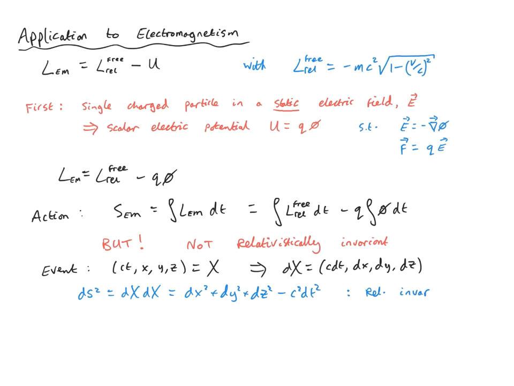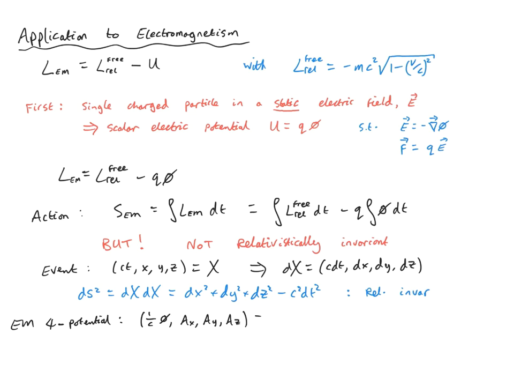Now, in the theory of electromagnetism, we will have an electromagnetic potential, which again has 4 components, and we call this the electromagnetic 4 potential. The 4 components involve the scalar potential that we were just discussing. Actually, it's 1 over c times this thing. And then the spatial coordinates involve the x, y, and z components of the magnetic vector potential.